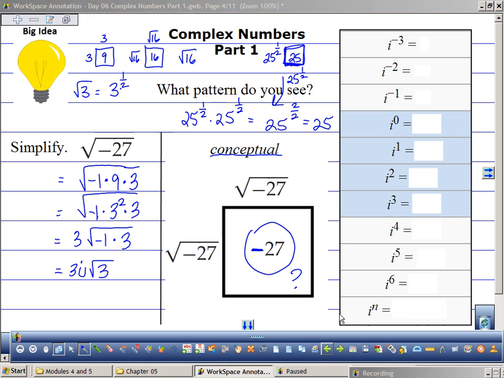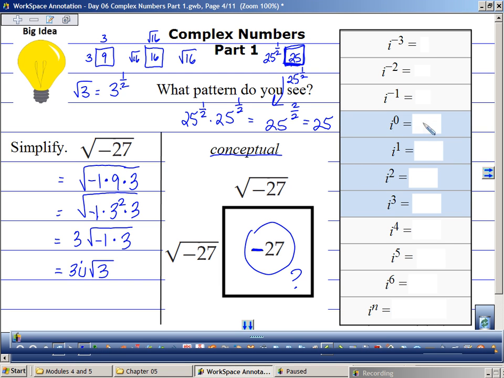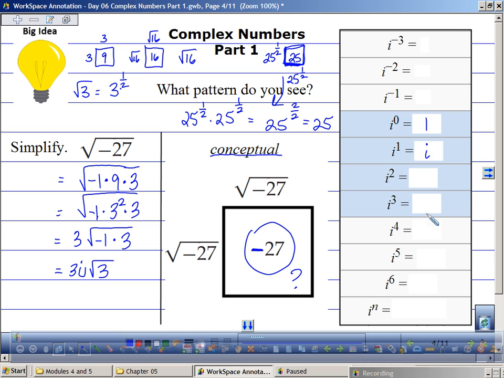Okay? Let's go back. So i to the 0 power is 1, i to the first power is i, i squared is... what? -1.